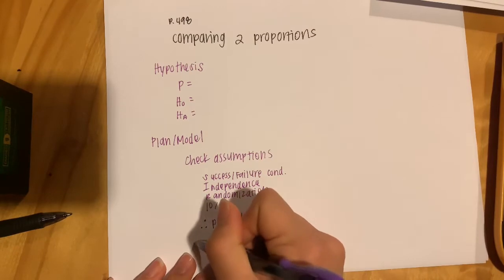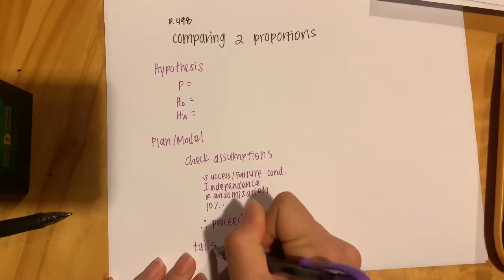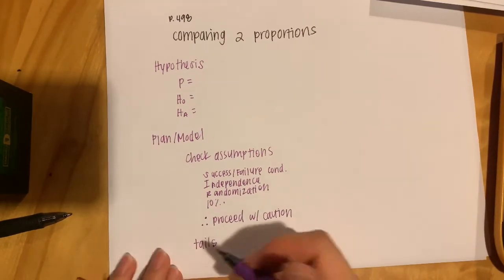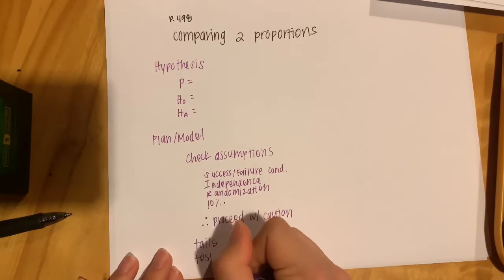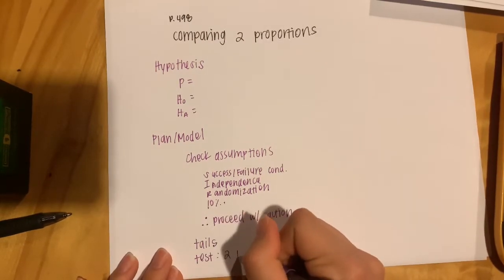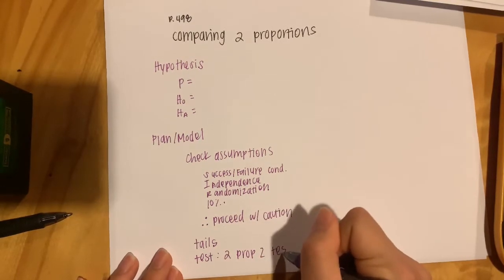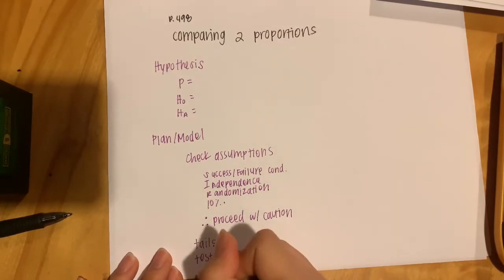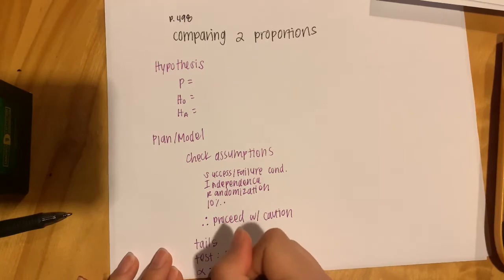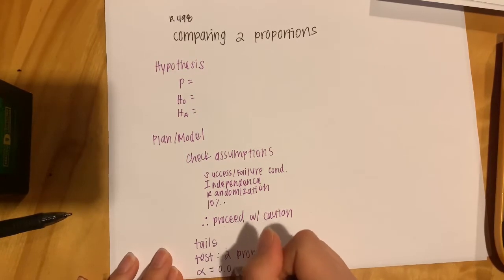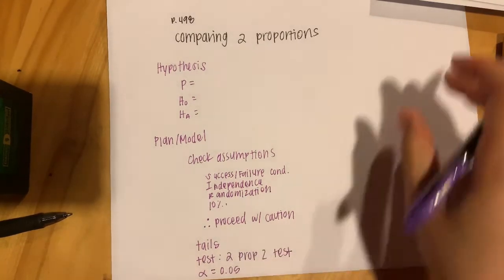And then we have to label the tails, and then our test, which is in this case 2 prop z test. Oh, and then the significance level, and we're just going to be using the 0.05 or the 5%.